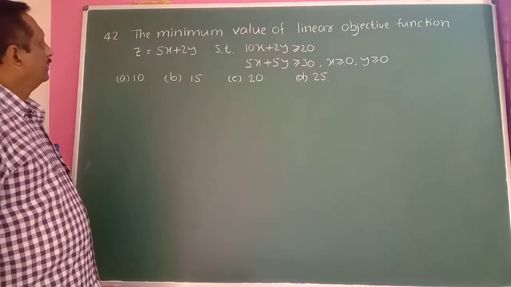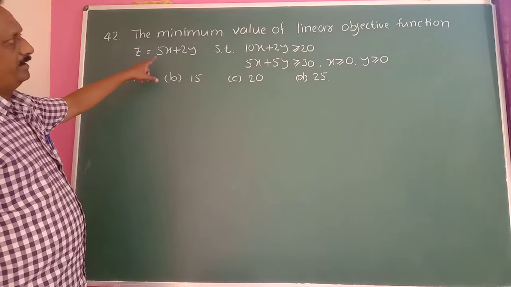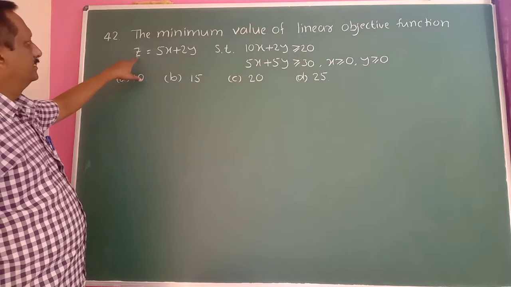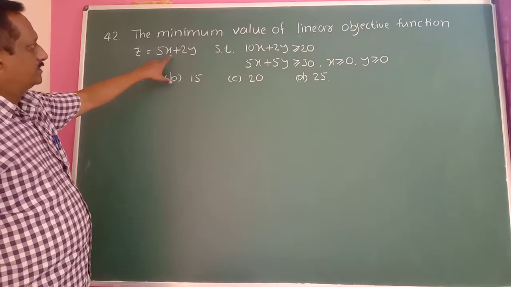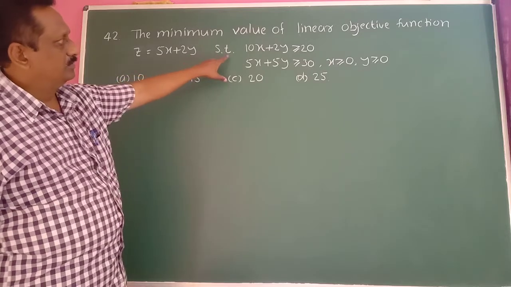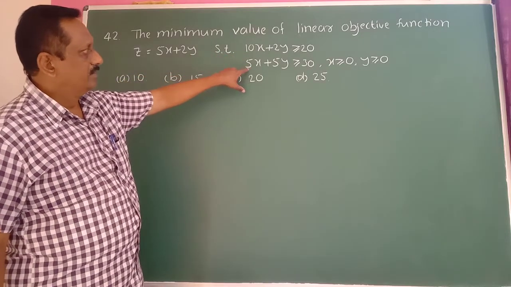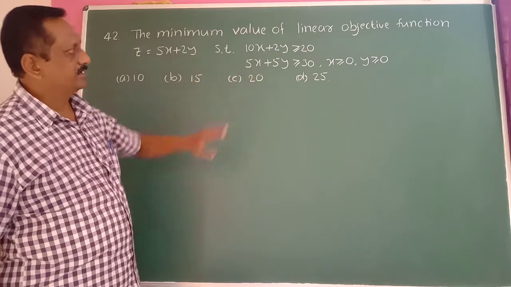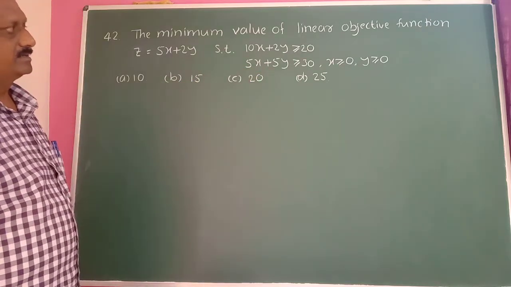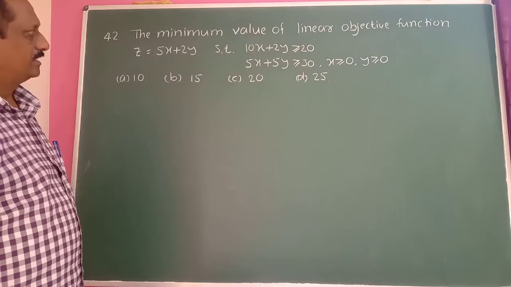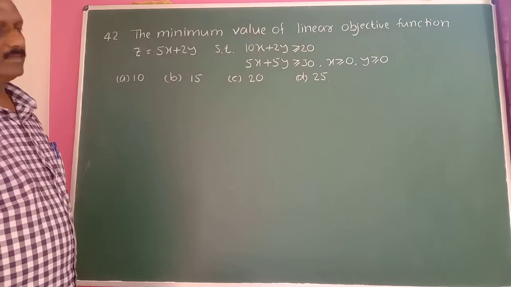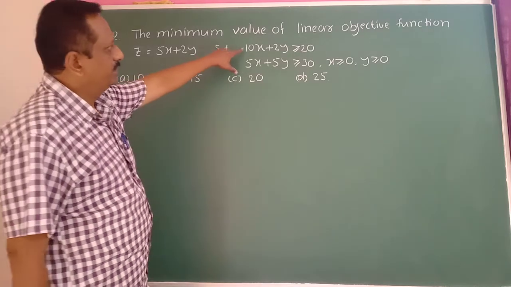Okay. The minimum value of the linear objective function equal to 5x plus 2y, subject to 10x plus 2y greater than or equal to 20, 5x plus 5y greater than or equal to 30, x greater than or equal to 0 and y greater than or equal to 0. In this case, you can divide the first equation by 2.